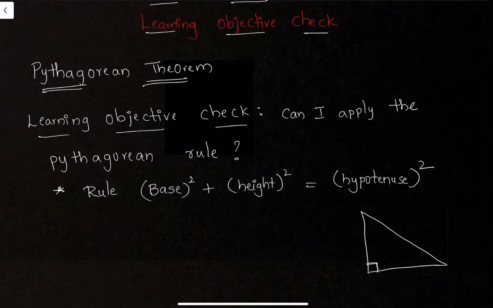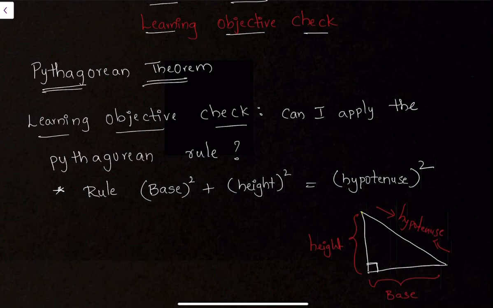The yellow part which I am drawing here is called the height of the triangle, the part over here is called the base of the triangle, and this part, the longest side, is called the hypotenuse of the triangle. These are very basic for your revision.